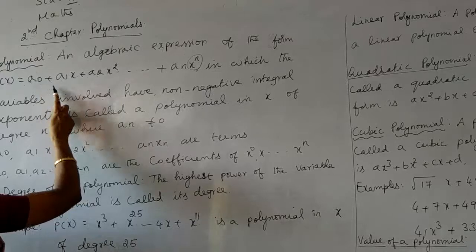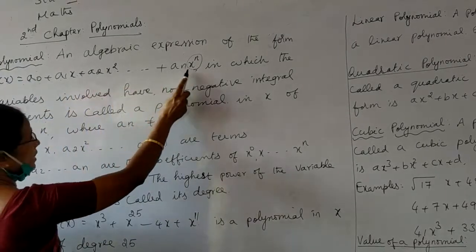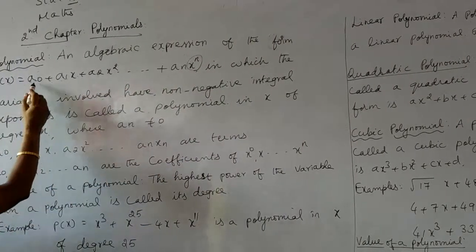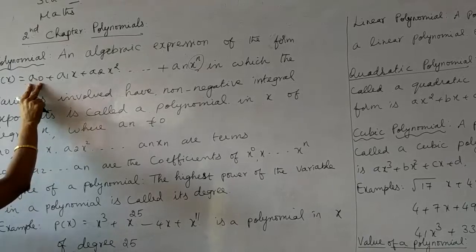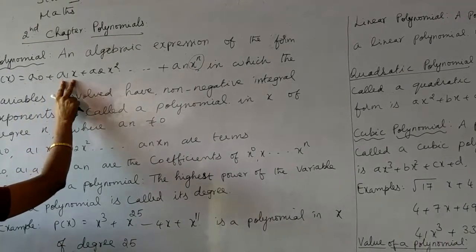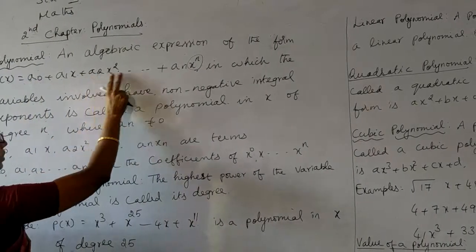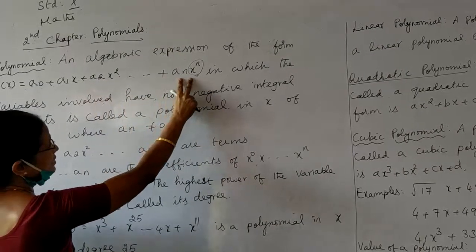It is written in the increasing order of x. This a1 is called the first term, this is the second term, third term, fourth term, like that, and this is the last term.